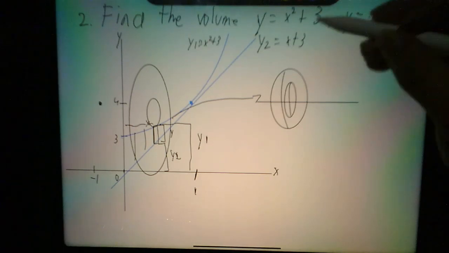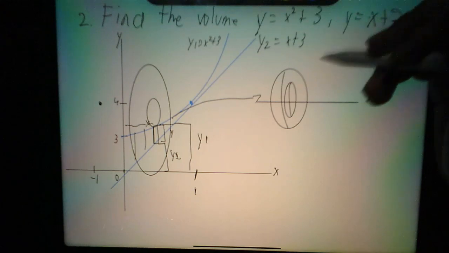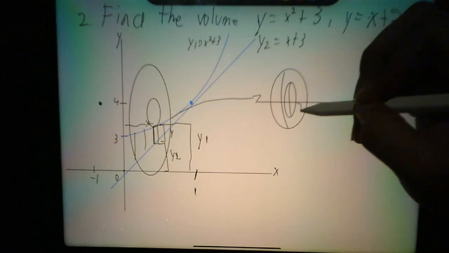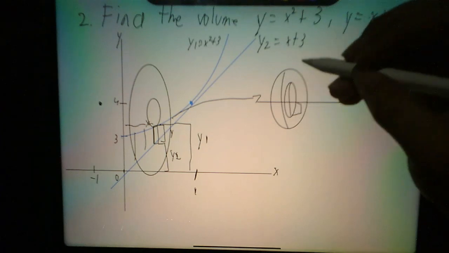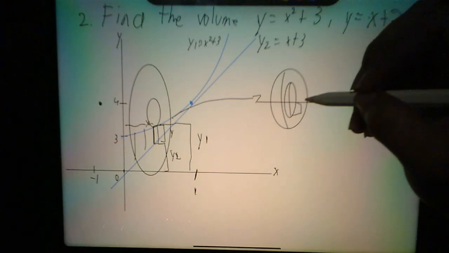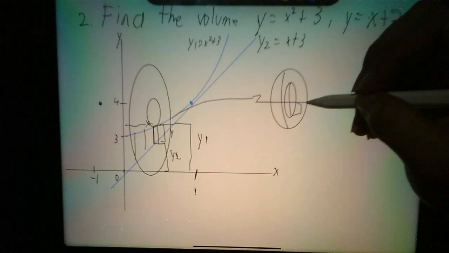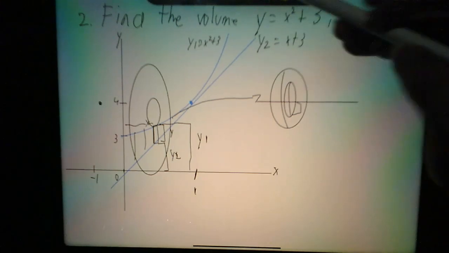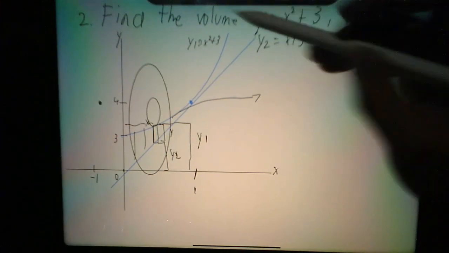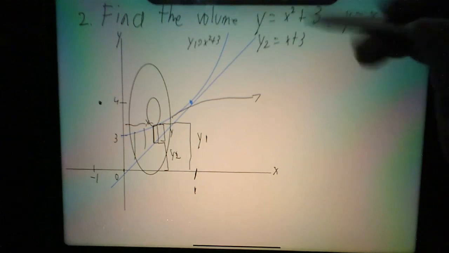Let's erase that first and make a line here.